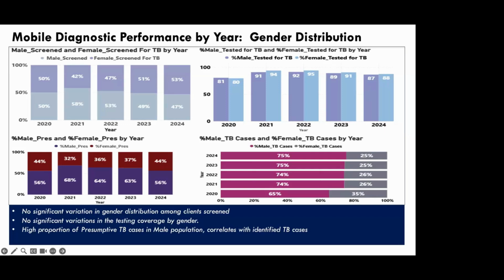Now, others might think this is bad, that three-quarters are actually male, that of the people that are linked to this program are males that we treat, and a quarter female. I think it underscores just how much of a problem we have amongst males and how these mobile diagnostic units can be used to attend to that problem, to start to deal with that problem.